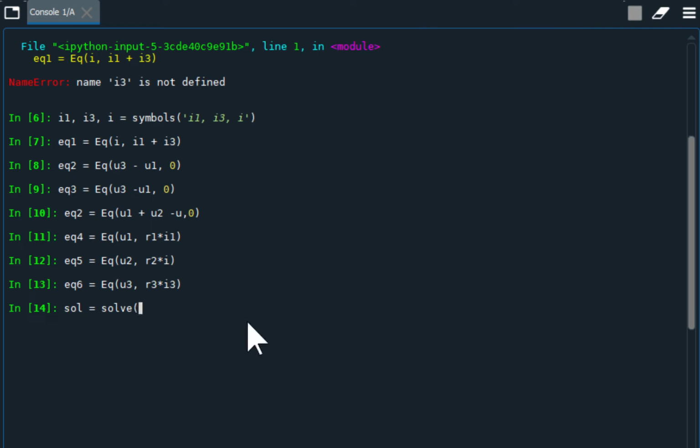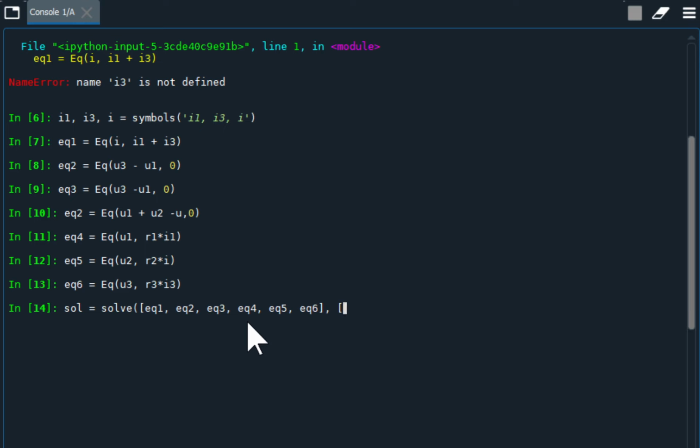And what we are solving, all the equations in brackets, EQ1, EQ2, EQ3, and so on. Okay, so those equations are solved for unknowns.